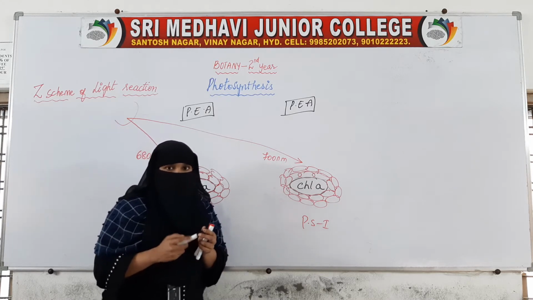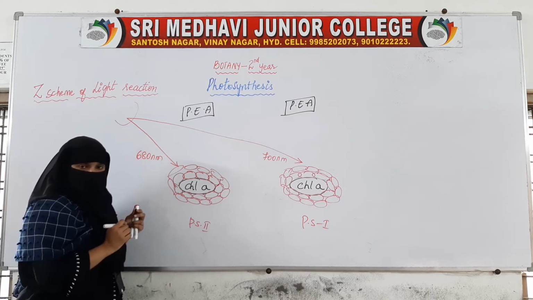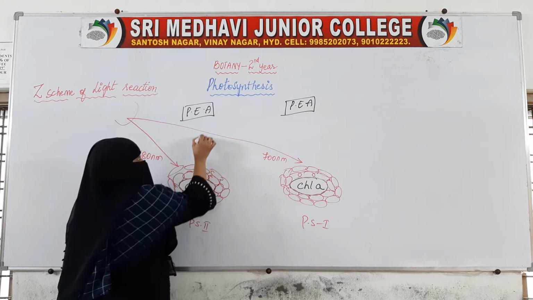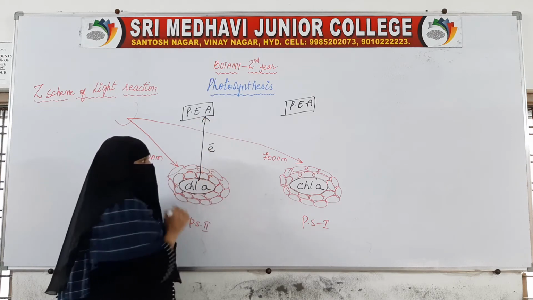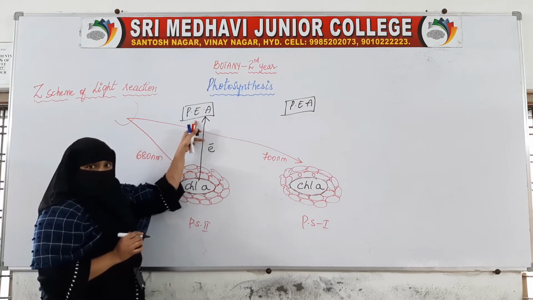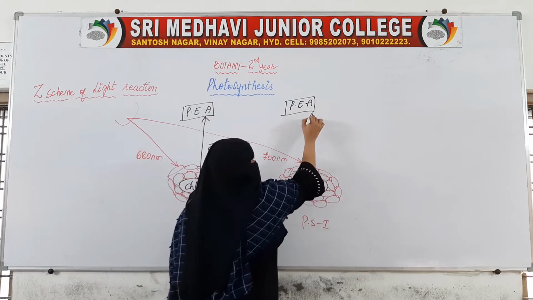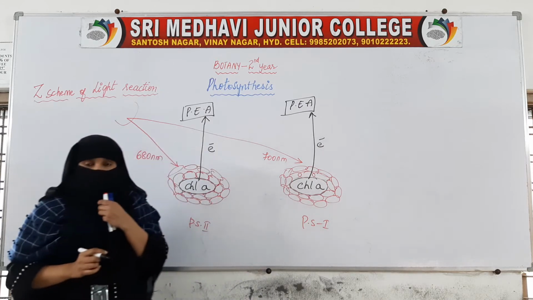So what happens? When it absorbs the light, it ejects one electron, and this electron is accepted by the primary electron acceptor. This one also ejects one electron which is accepted by its primary electron acceptor.